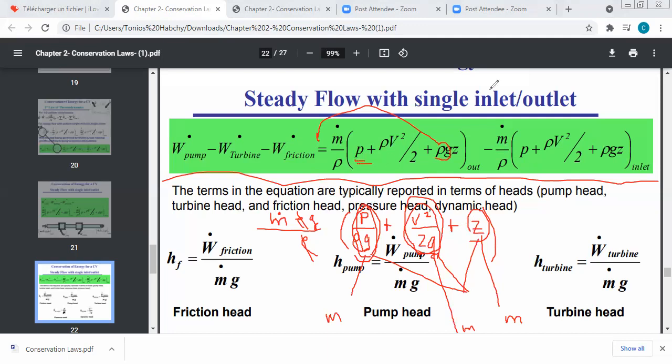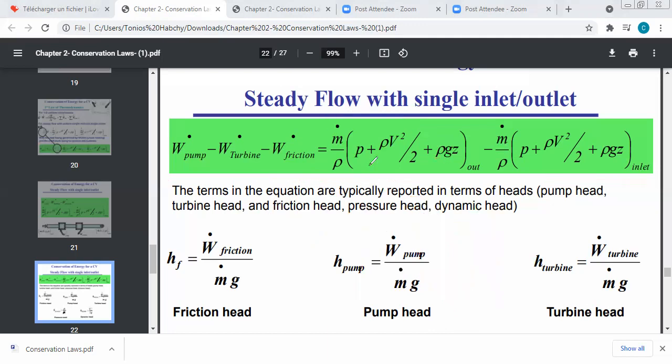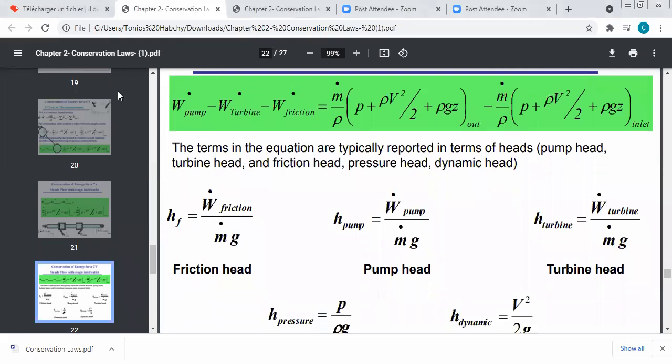So instead of talking about pressure terms, we'll talk about head. In general, we can write the equation in the following form. Since we have done this for this side, we will do it also for the left hand side. If we also take rho g into factor, we got m dot times g times a certain term.